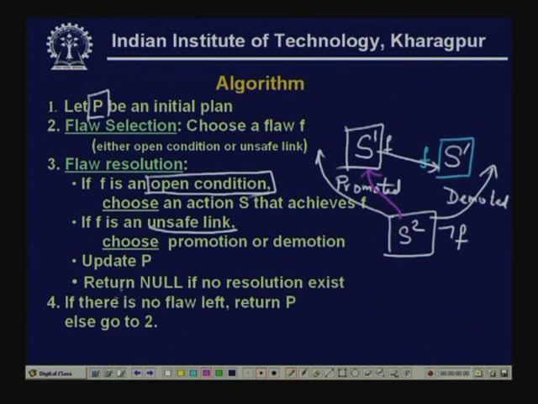And while doing this, if we find that there is no operator by which we can resolve the conflict, then we return null. This planning algorithm does not succeed. But if it does succeed and if we come to a point where there is no flaw left, then we will return the current plan, otherwise if there are more flaws left, we will go to step 2 and select the next flaw.